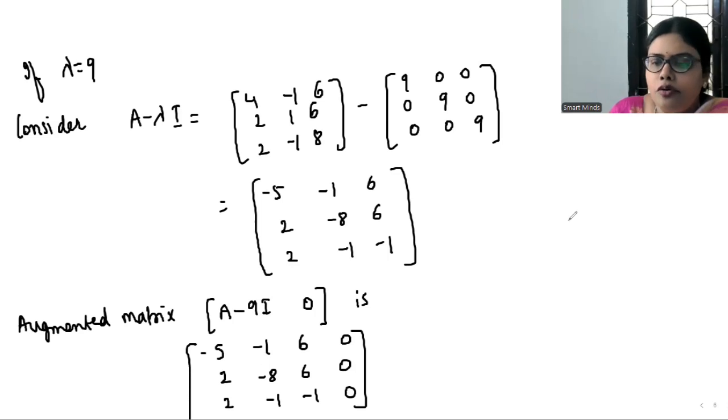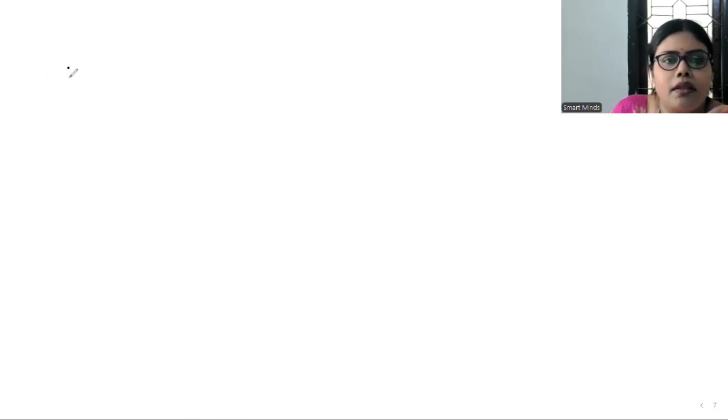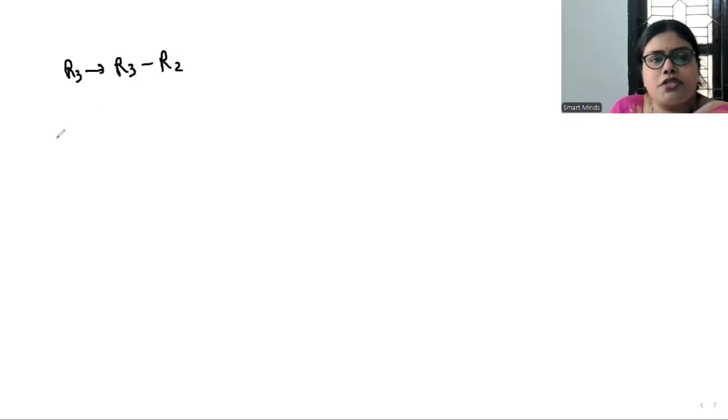Now we need to do row transformations to make them 0. Let us make this element 0. So what should we do here? R3 is R3 minus R2. Let us do that first.